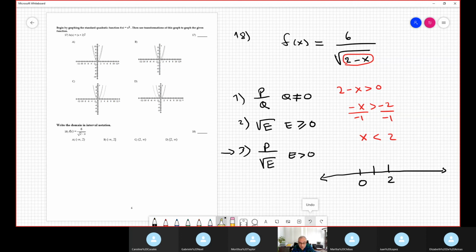So basically, it's this interval, less than, not including 2, because I don't see an equal sign here. If you plug in 2, 2 minus 2 is 0, the square root of 0 is 0, and division by 0 is undefined. So the domain is from negative infinity to 2, not including 2. From negative infinity to 2, like the option.